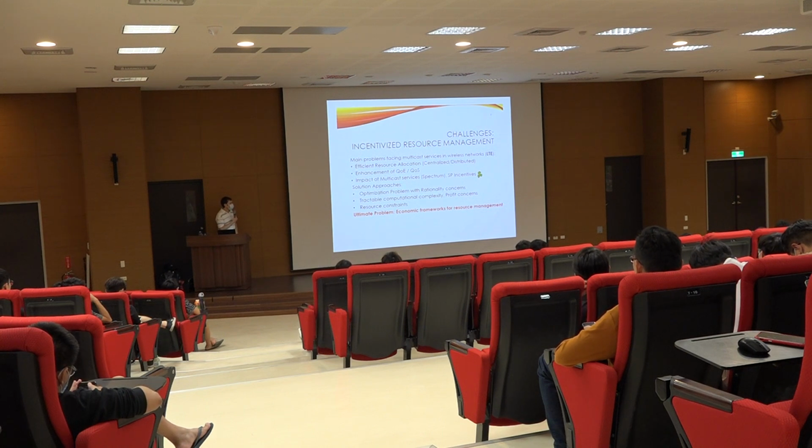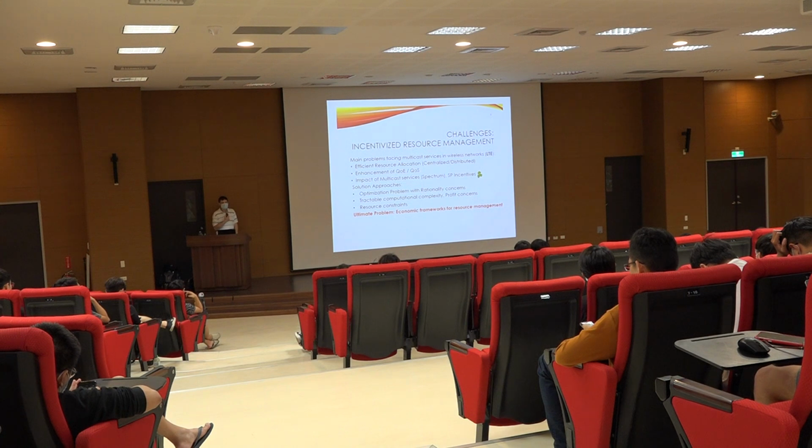So this optimization problem then becomes, how do we consider rational decisions of the end users? How do we have tractable computational complexity while addressing competitive profit concerns? Obviously, we can't achieve a 100% optimal solution in real time because that's NP-hard.